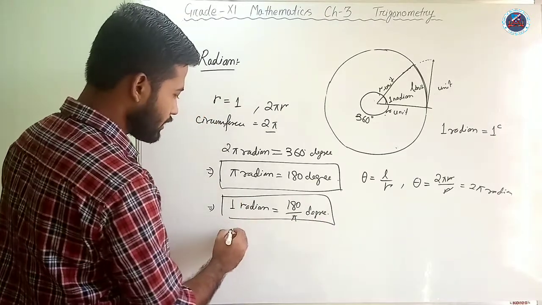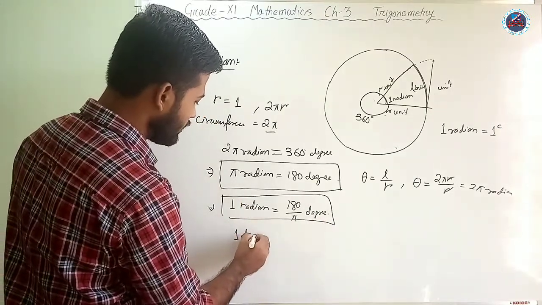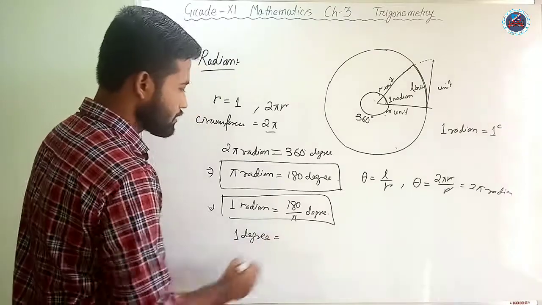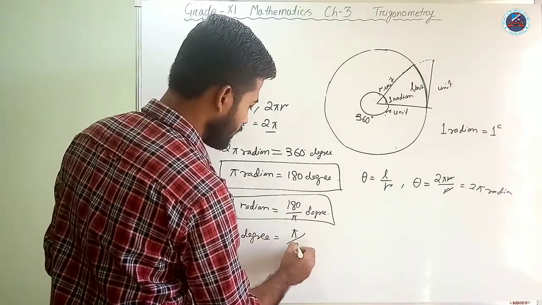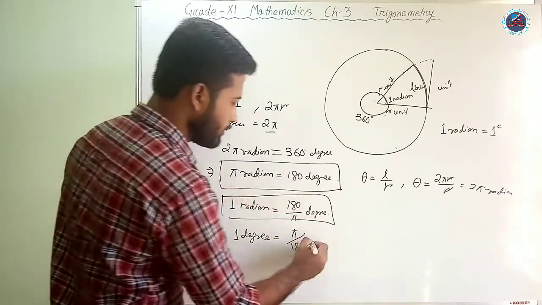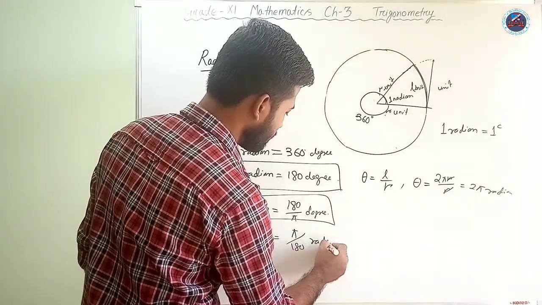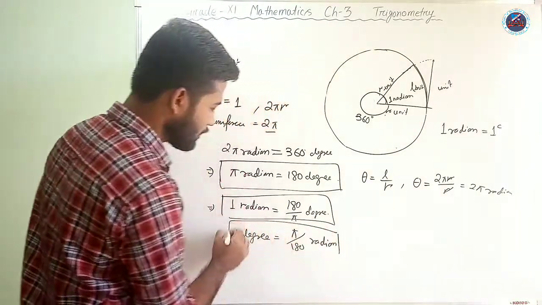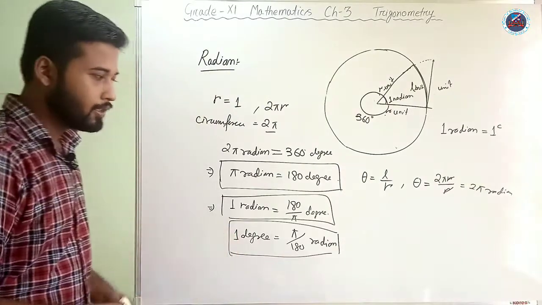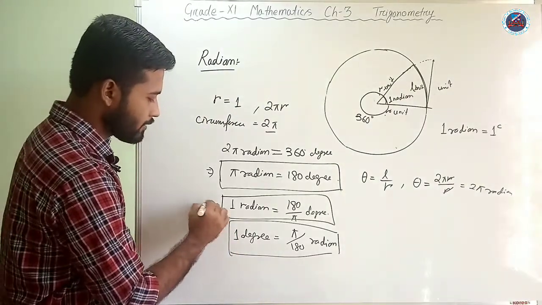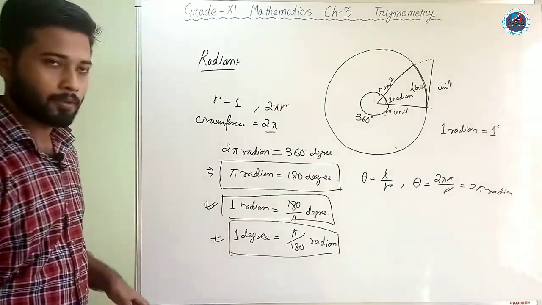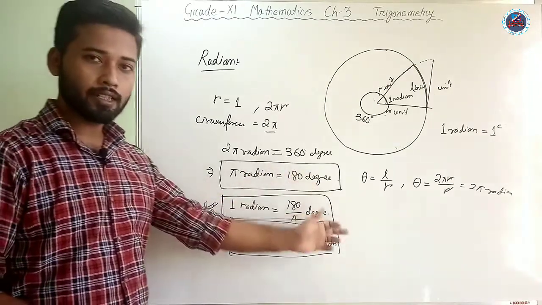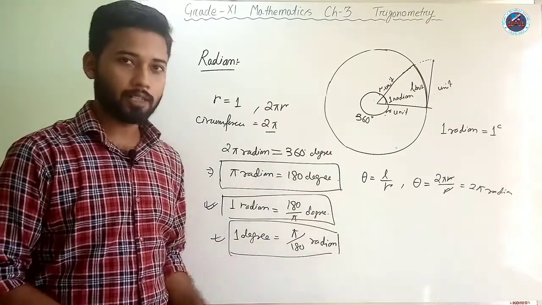Another relation we can get is that 1 degree is equal to pi by 180 radian. So these two relations are very important for solving problems: conversion from radian to degree and conversion from degree to radian.